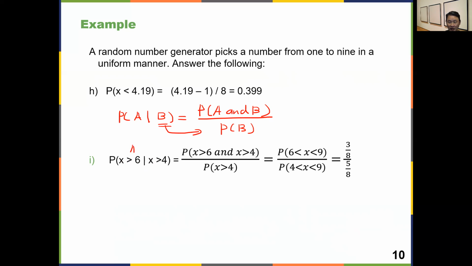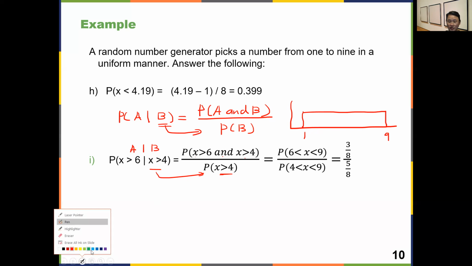So it's A given B. So A and B, what goes under? The given B goes under. Remember that we are still dealing with this case that is ranging from 1 through 9. Now, I'm trying to figure out this one right here.